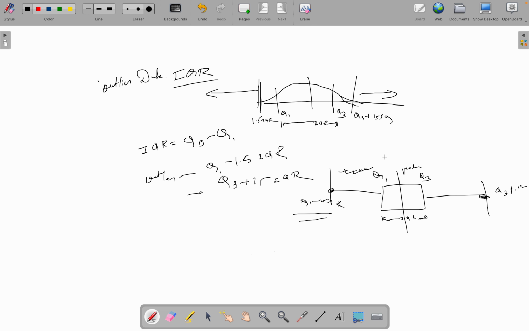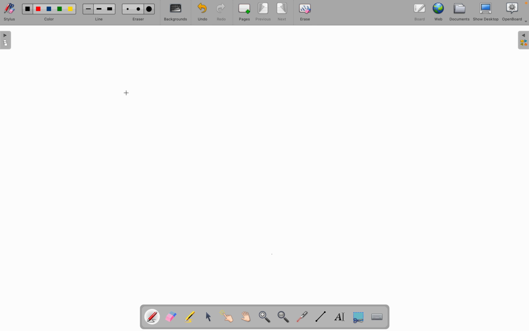Now let's talk about the encoding techniques. We have seen how to deal with the continuous values and how to find the outliers in them. So now let's see how to encode the categorical values. We have several techniques. Why are we converting?